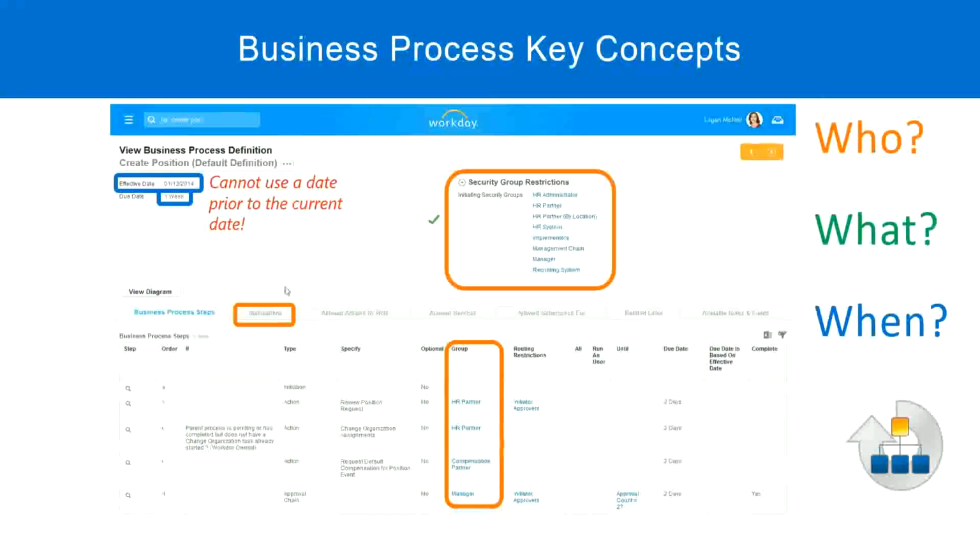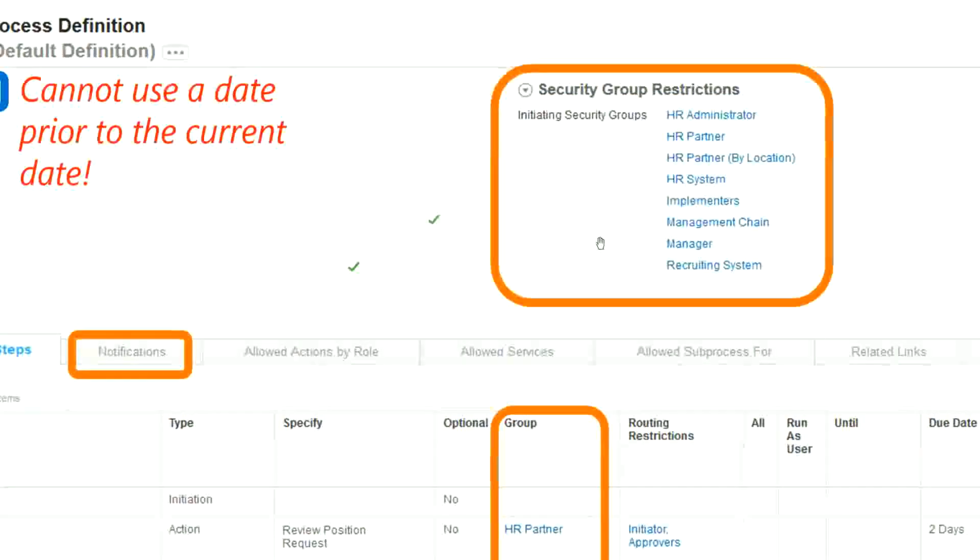Now, what business process definition is this? In this particular slide, what business process is this? Create position. Who all are able to initiate? HR partner, HR partner by location, HR system implementers, management chain manager, recruiting system.